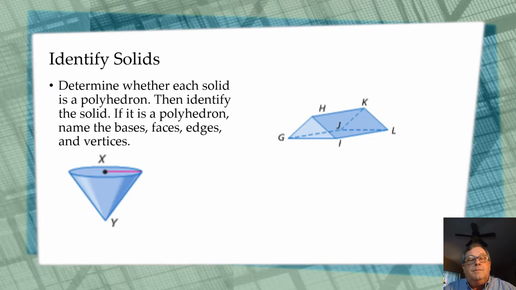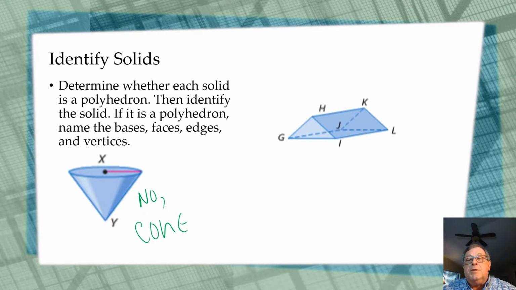Well, I've got a circular top here on this object, which means it can't have straight edges and it doesn't have sharp corners. And so no, this is not a polyhedron. In fact, I think this is a cone, and a cone is not a polyhedron.